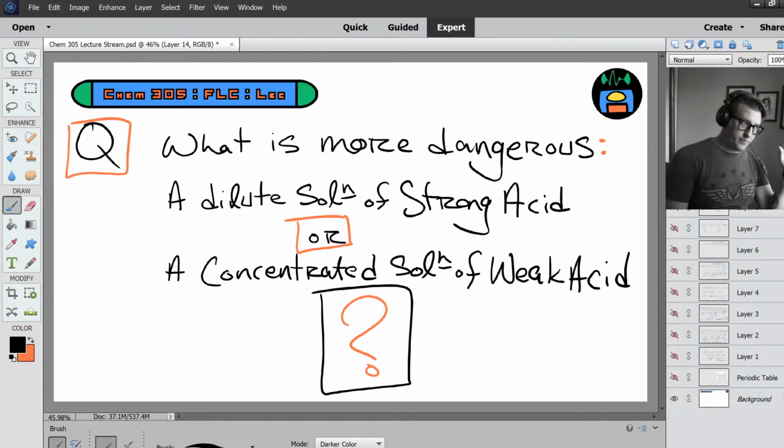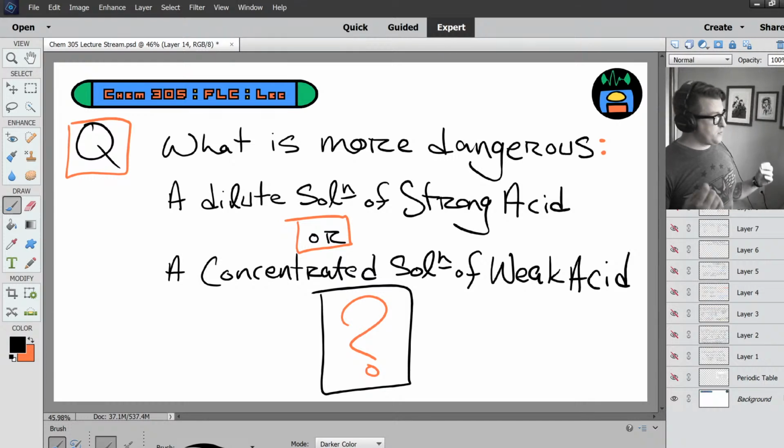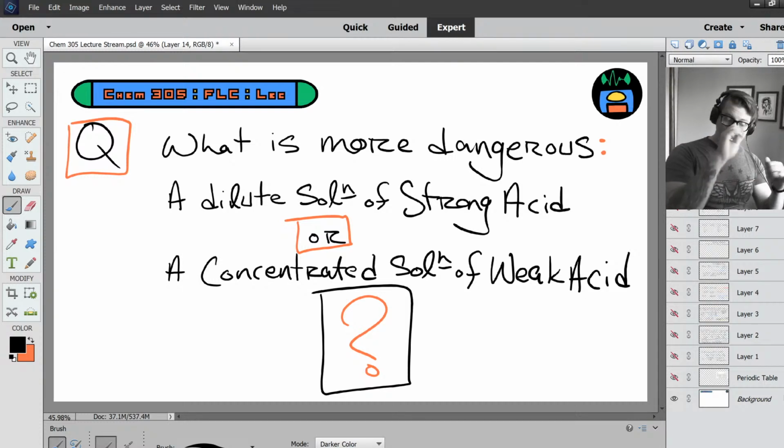Would you rather get splashed on your skin by a dilute solution of strong acid or a concentrated solution of weak acid? And the answer to this question, really, is it depends, right? It depends upon how dilute the dilute solution is. It depends upon how concentrated the concentrated solution is, right? There are solutions of hydrochloric acid, which is a very strong acid, but there are solutions that are so dilute that they'd be safe to drink.